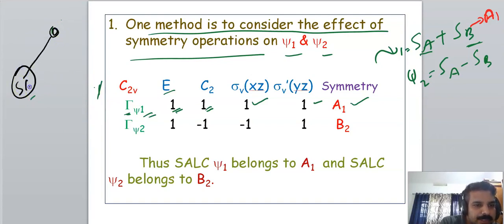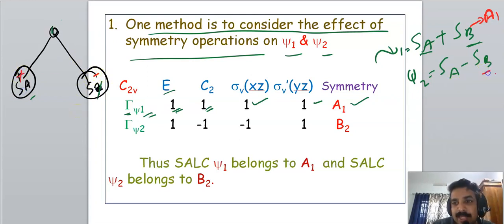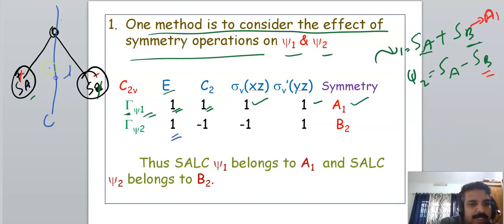This is SA, here plus sign, and this is SB, but here it is minus sign, because it is SA minus SB. Since the s orbital is already plus, minus of plus is minus here. By the E operation there is no change, but on the C2 operation SA and SB interchange, so plus becomes minus and minus becomes plus. Therefore it is minus 1.